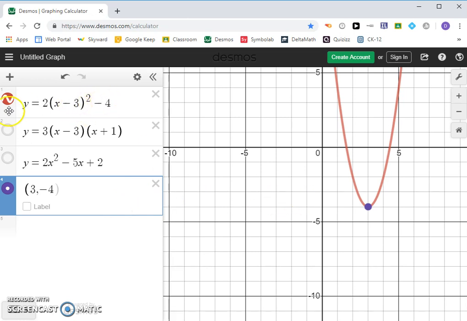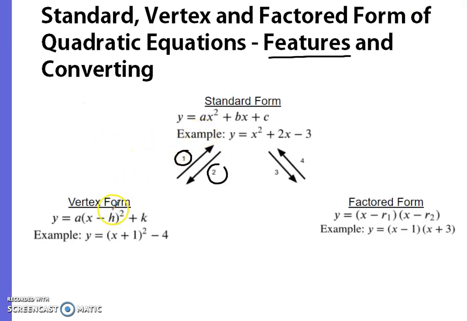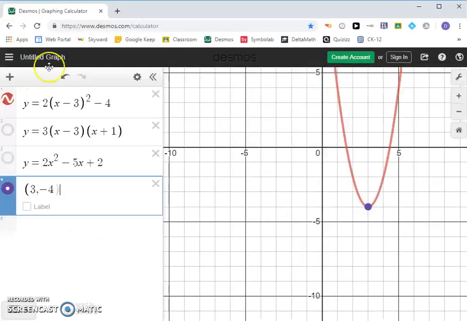And you may remember that in the general form, h was the x-coordinate of the vertex, and k was the y-coordinate. Notice it's x minus h, and so x minus, in this case, 3 means the x-coordinate's at 3, and then plus the y-coordinate of negative 4. Okay? So the reason we call it vertex form is you can read the vertex right off it.